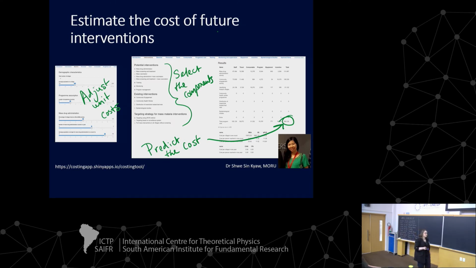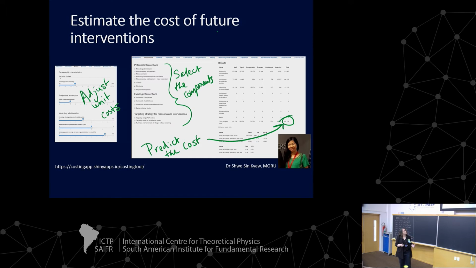The first question that we're asked by policymakers is, what's the potential impact of a given strategy? They usually have a bunch of strategies on the table, and they want to compare the potential impact of each of those strategies. The next question is always, how much is that going to cost us? Can we afford it? Is it actually feasible to do the strategy we want to do?